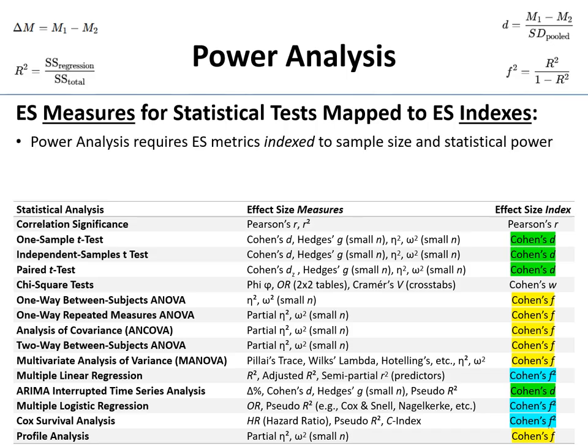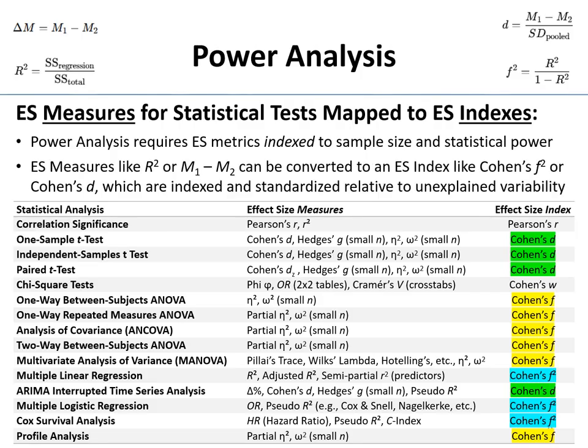So power analysis requires that the effect size metrics that are used be indexed to both sample size and statistical power, so they can do fancy formulas with them. Otherwise, they're not able to do that. And then effect size measures like R squared or multiple R squared or mean differences, mean 1 minus mean 2, can be converted to an effect size index such as Cohen's f or Cohen's d respectively.